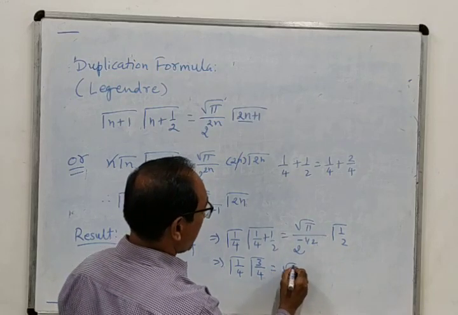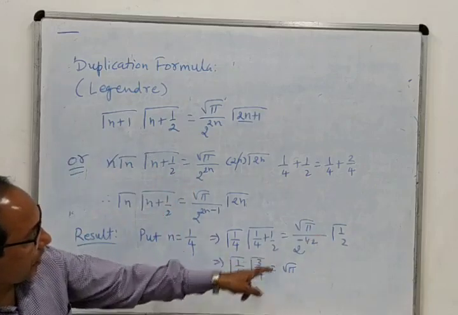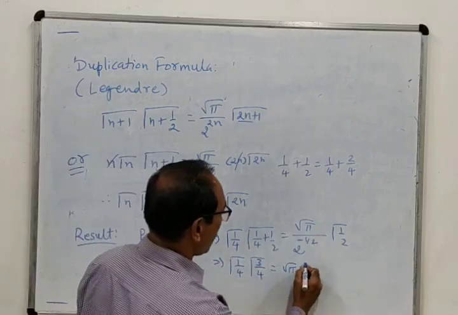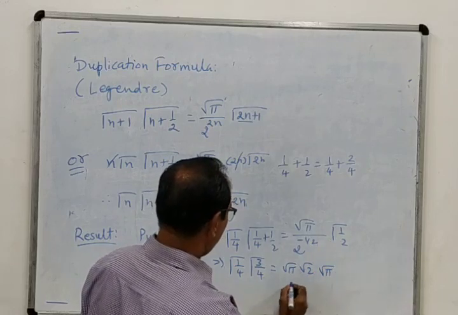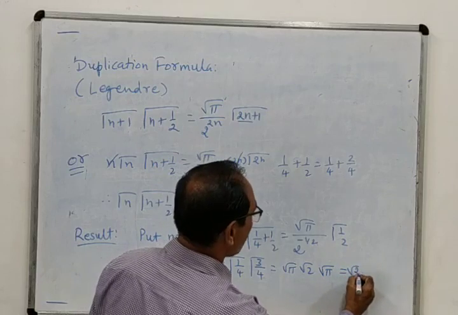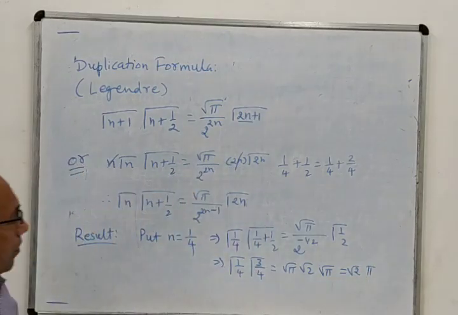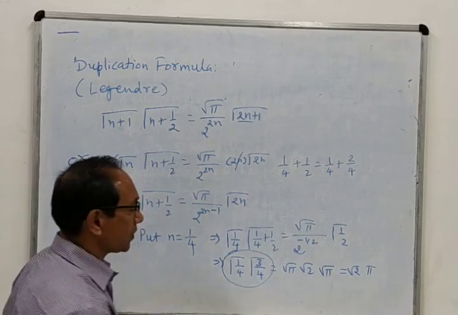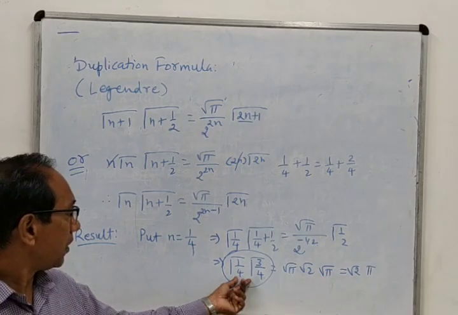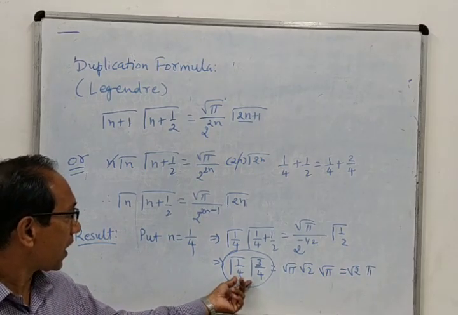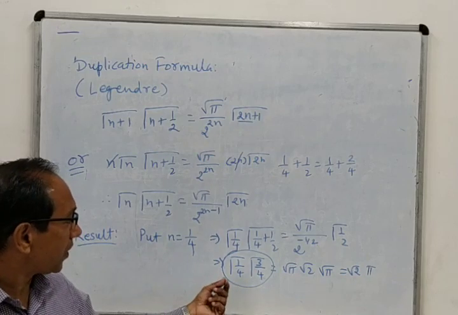And it is root pi, and this we can take in the numerator. So 2 raised to minus 1 half will become root 2. And gamma 1 half is root pi. So this is nothing but root 2 into pi. See, pi is not in the square root sign now. So you will have to remember the value of this one because it also comes, with both gamma together, in some examples.